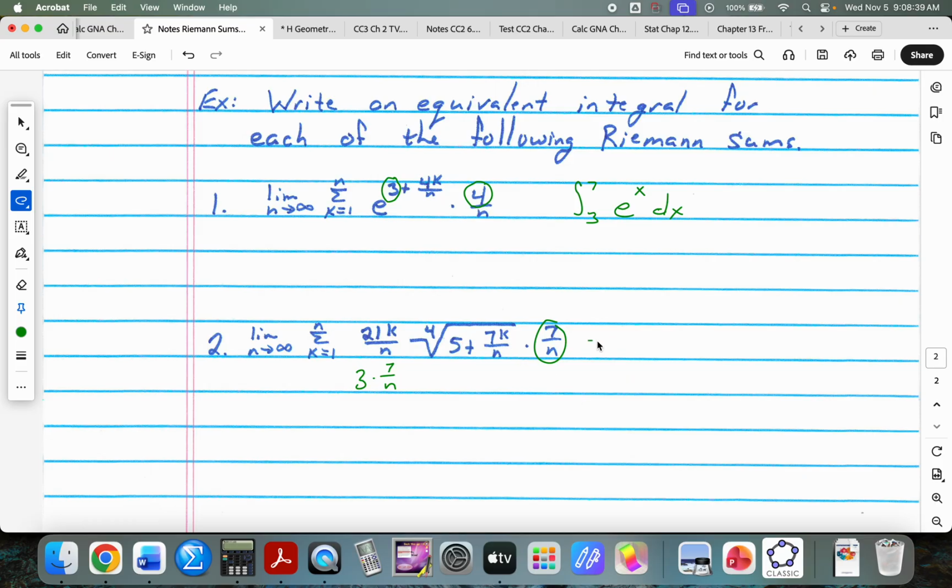So that this would be the integral from 0 to 7 of, this part is going to be 3x, and under the fourth root we'll have 5 plus x, or x plus 5.